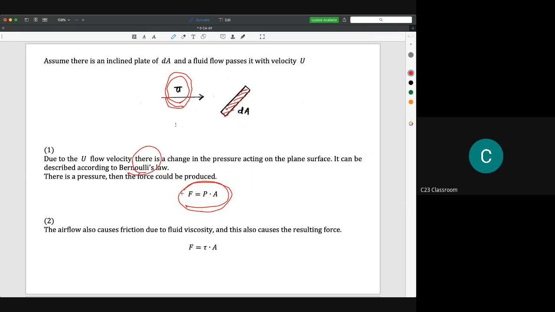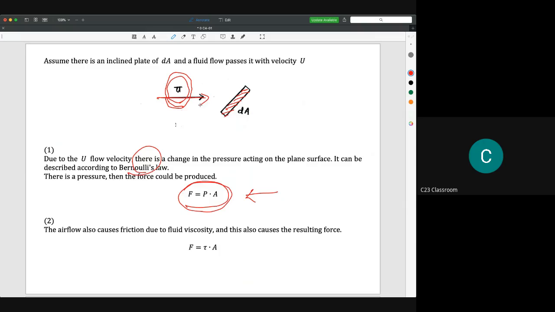In this situation, we will have force due to the pressure, which is F equals P times A. And then the fluid here, whether it is liquid or gas, carries viscosity. The fluid properties include viscosity, and the viscosity will create shear.